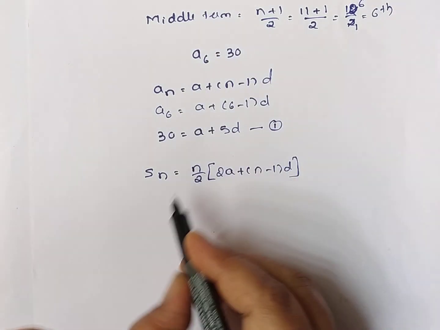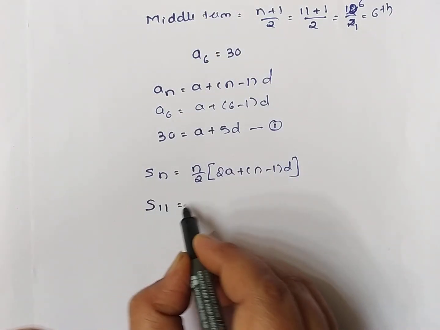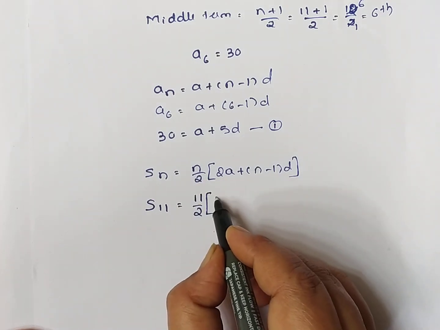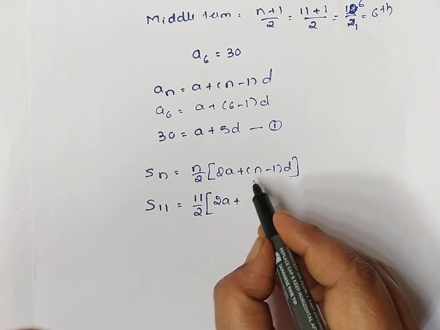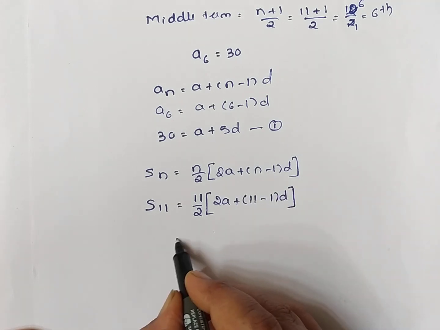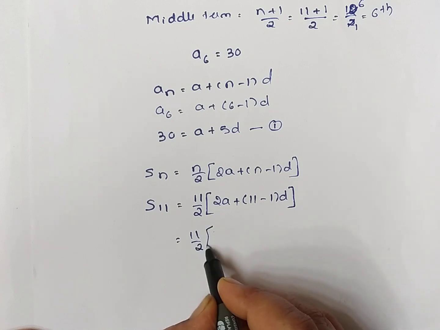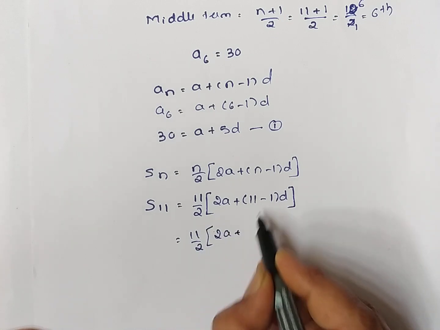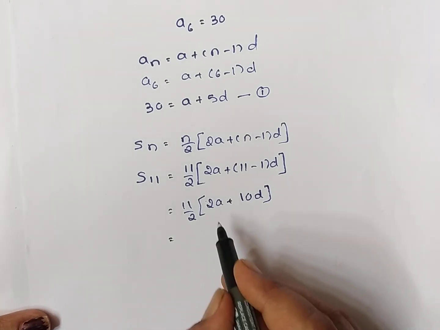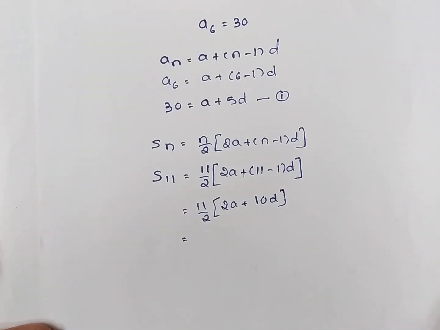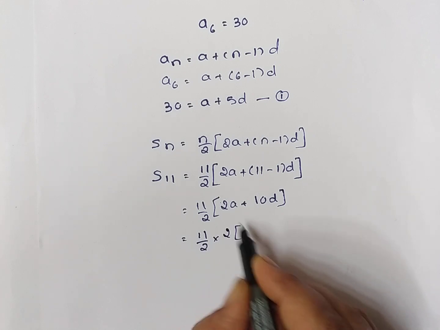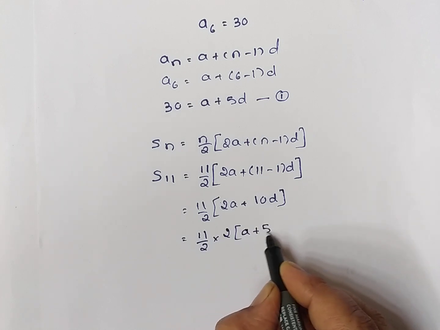The question is to find S11, that is S11 equals 11 by 2 into 2a plus 11 minus 1 into d, that is 11 by 2 into 2a plus 10d. We take 2 common from these two terms: 11 by 2 into 2, remaining a plus 5d.